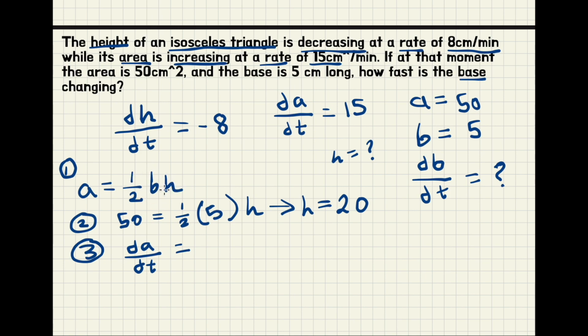We do 1/2 B, take this part and multiply it by the derivative of H, which is dH dt, plus this part H times the derivative of half B, which is just 1/2 times dB dt.